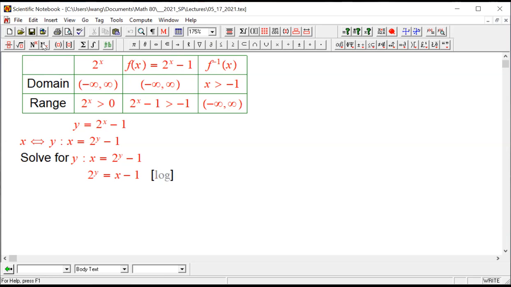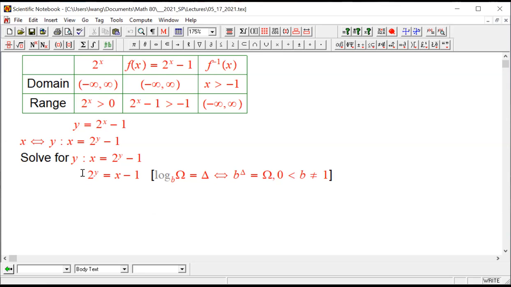Log base b of omega equals triangle if and only if b raised to the power of triangle equals omega, with 0 less than b and b not equal to 1.